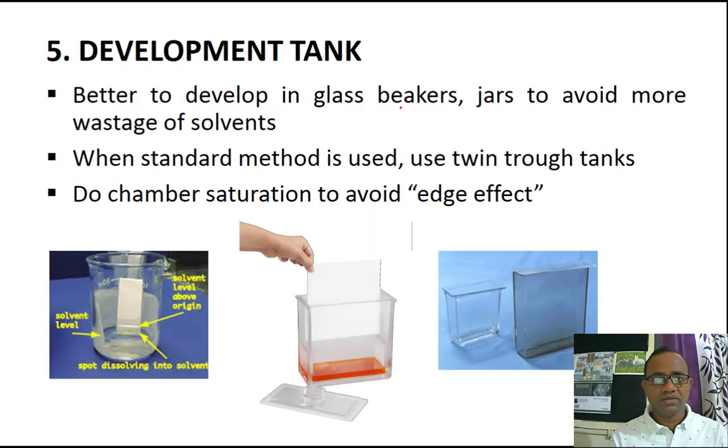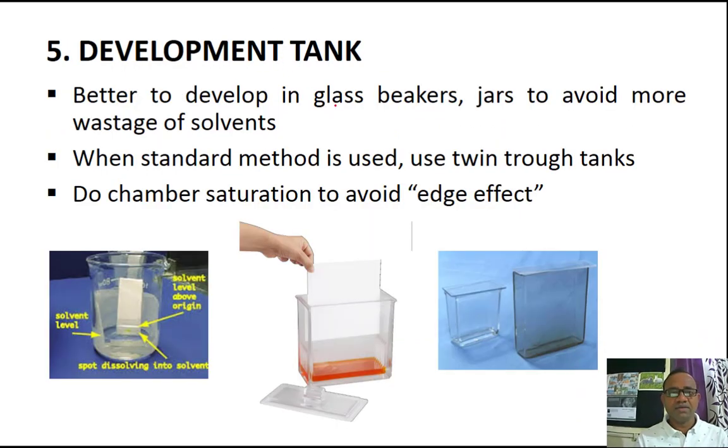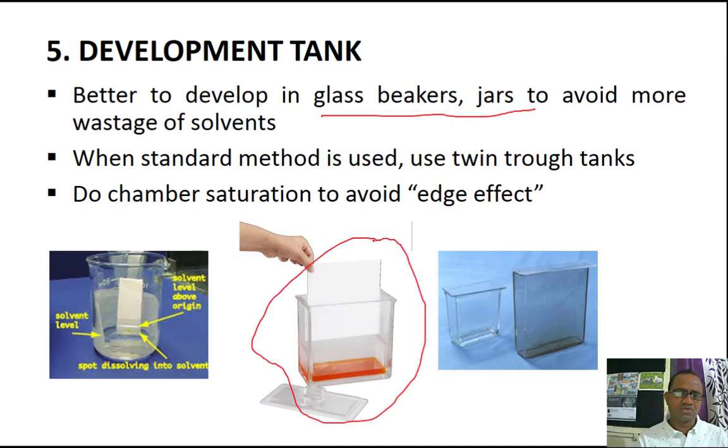Then we add the plate into a beaker or a jar. This is the development jar, mostly made of glass, or we can sometimes use a beaker also. We add the plates along with the sample molecules into the development chamber.